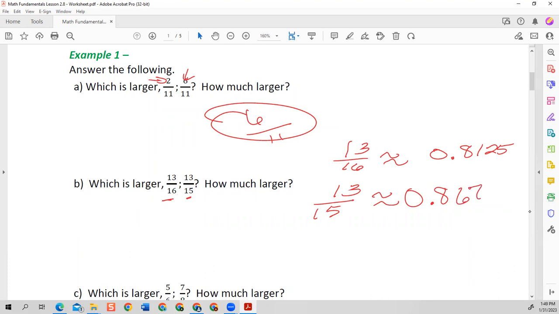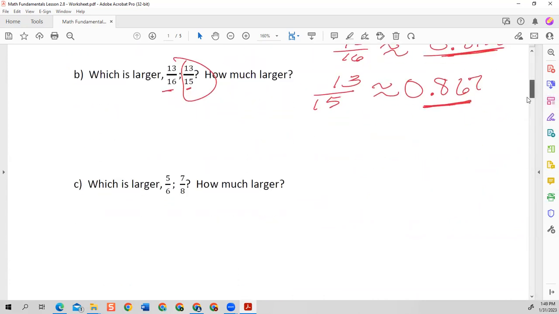So if I was to compare these two fractions, I'm going to say 13/15ths is the larger one, because if we compared it to money, this would be about 86, 87 cents, where this would be about 81 cents.